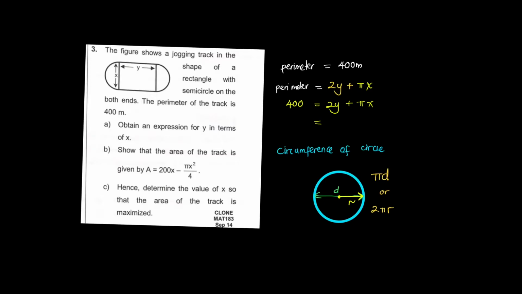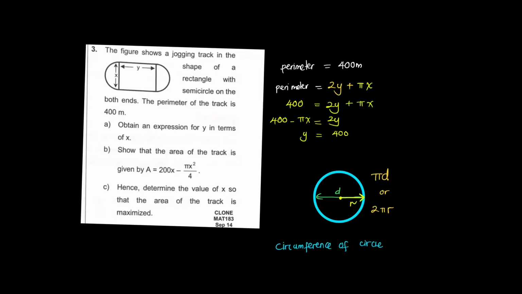So we can get 2y equals 400 minus pi x, and y equals to, so let me move all this down here. So y equals to 400 minus pi x divided by 2. So that is your expression of y in terms of x.